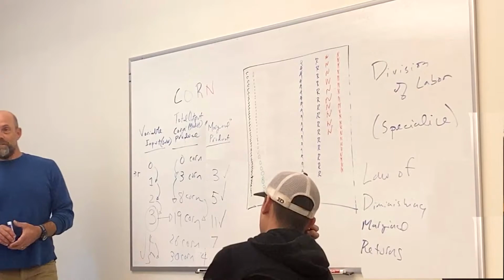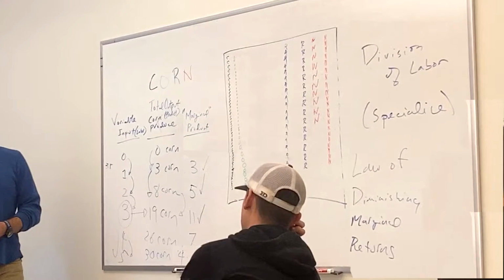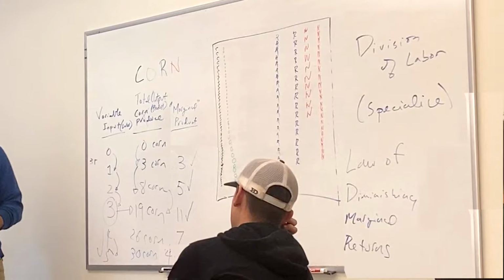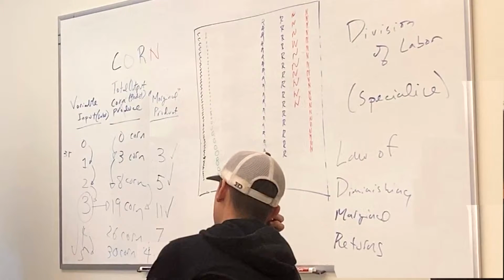Our third unit of labor was the most productive one. Wait, who was third? Not Rod. Yeah, that was Dakota, he was the most productive one. But once we added the fourth unit of labor, even though total output went up, it went up by less than it did the previous unit, and so on.